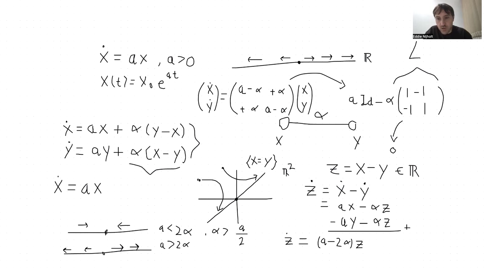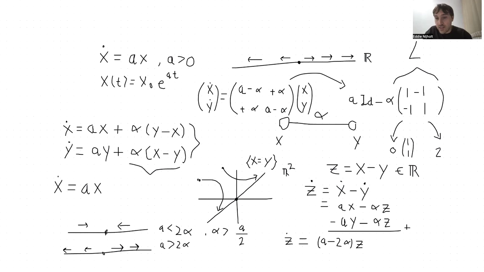If I plug in 1, 1, I will see 0. And the other eigenvalue is the number 2. You can easily check this because it's a 2 by 2 matrix, but recall that the trace is the sum of the eigenvalues. So you can also do it like that. And it corresponds to the eigenvector 1, minus 1.